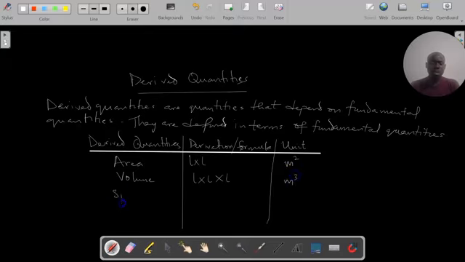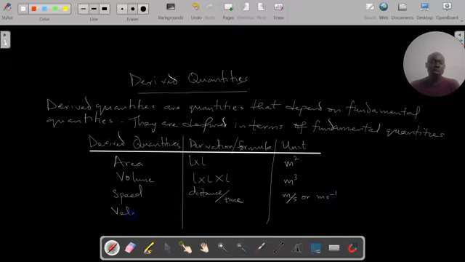Then you can also mention speed. Speed is distance over time. Distance, length, displacement and height all have the same unit, which is meter, and the unit of time is second. So the unit of speed is meter per second. You can also write it as meter second to the power minus 1.